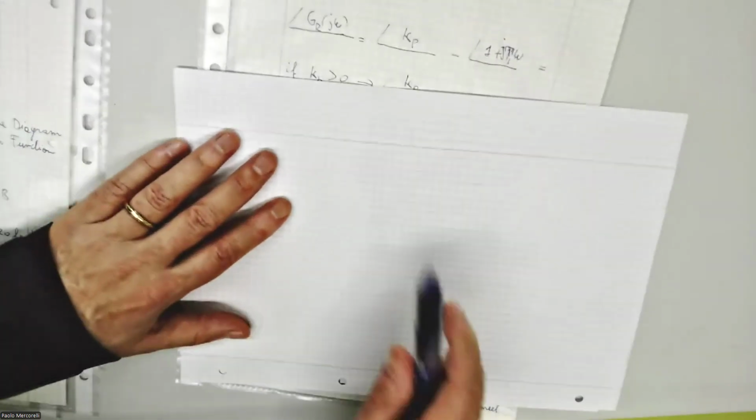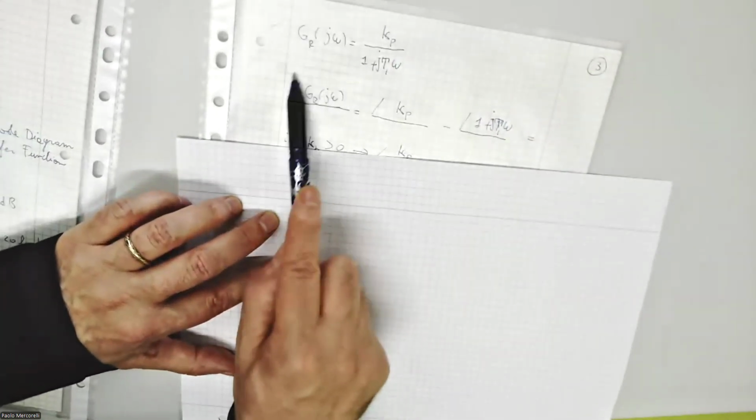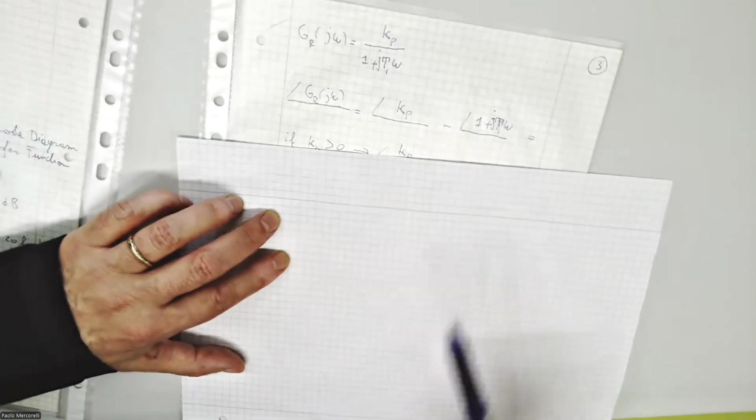Now, before that, let me do the phase, and then we will see omega e. The phase of this is the phase of the numerator minus the phase of the denominator. Do you remember this from electrotechnique? When we have the ratio between two complex numbers, the phase of the numerator minus the phase of the denominator. This also comes from the definition of the phase. We can demonstrate this.